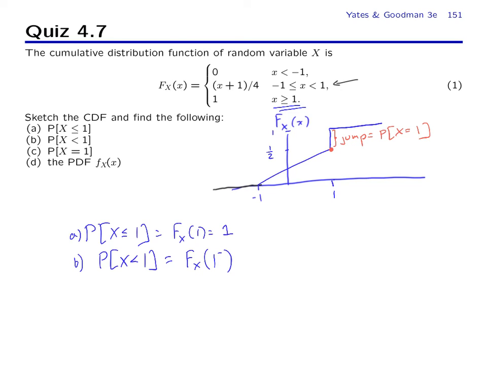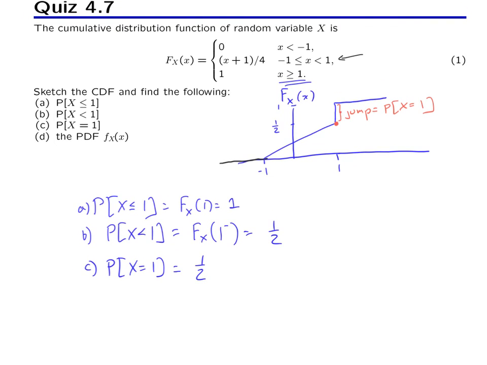So this is equal to 1/2. And for part C, the probability x equals 1 is in fact equal to the height of that discontinuity at 1, the jump, which is 1/2.